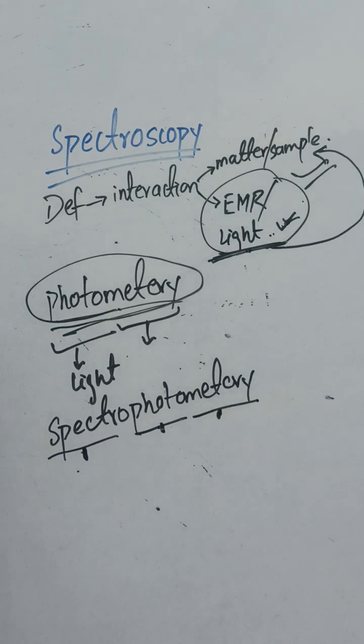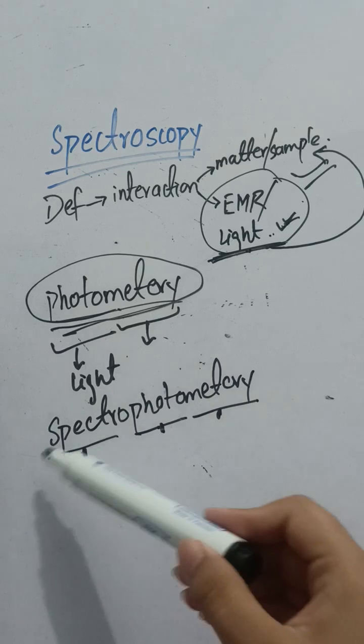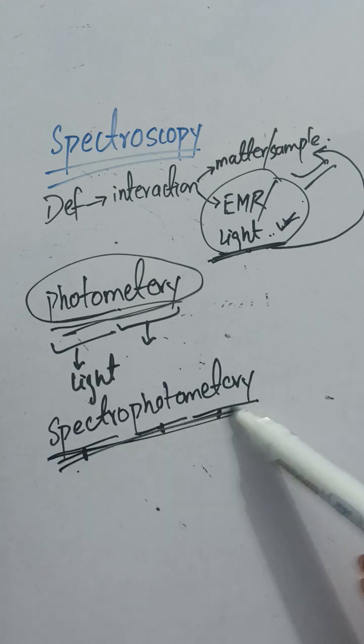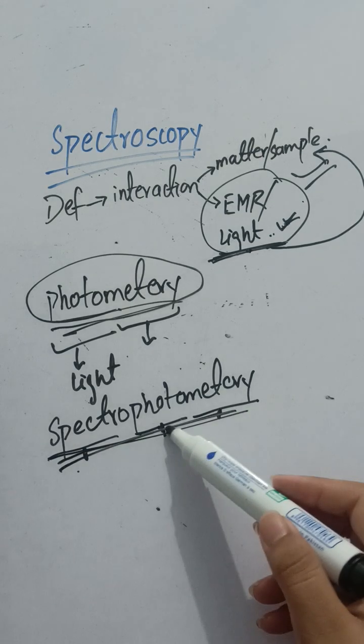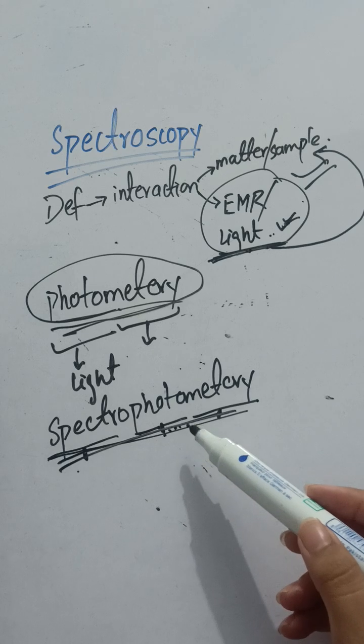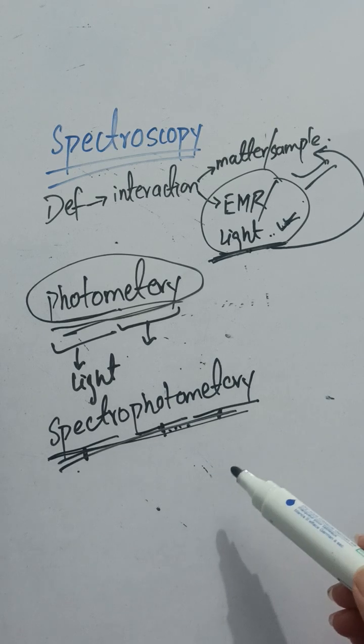We select a wavelength, and at that wavelength the light is thrown. This is called spectrophotometry. So actually, we are throwing the light over our sample and observing its spectrum. This whole concept is called spectrophotometry, and it depends upon the amount of light we are throwing over our sample.